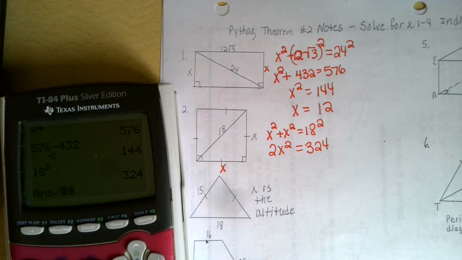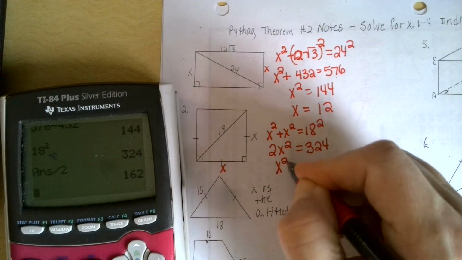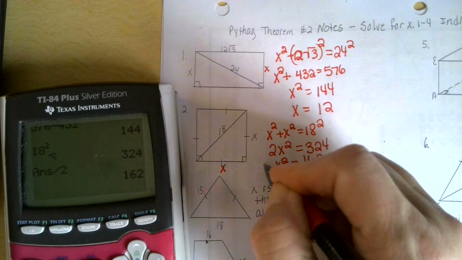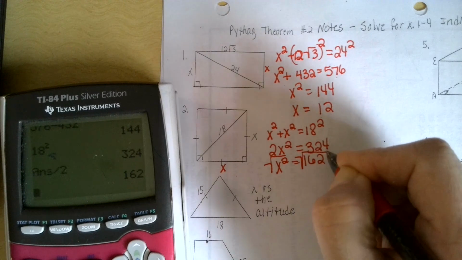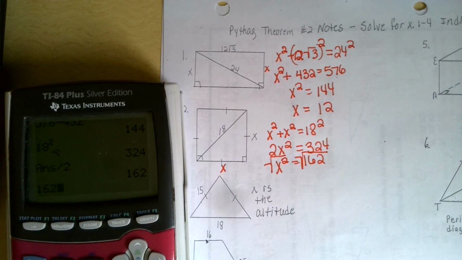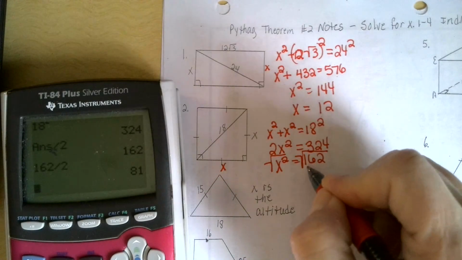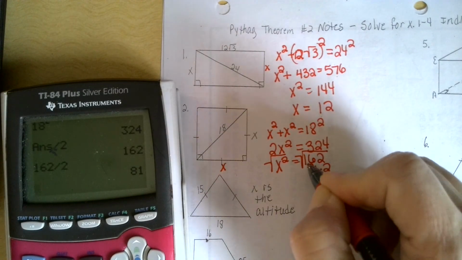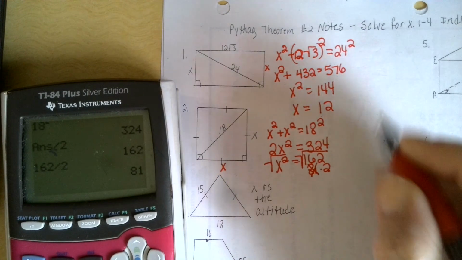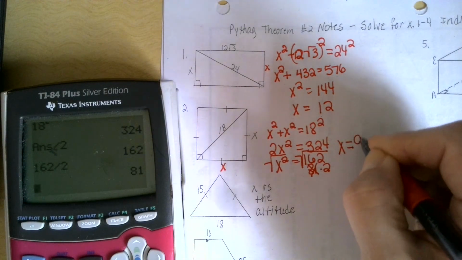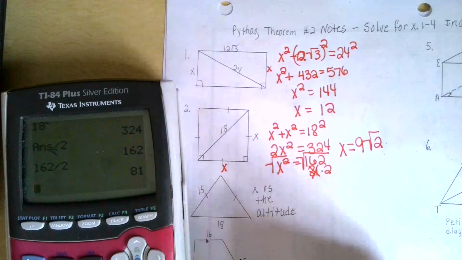So divide by 2. And now we need to simplify the square root of 162. All right, 162 is 81 times 2. So that is 9 square root of 2. So x equals 9 square root of 2.